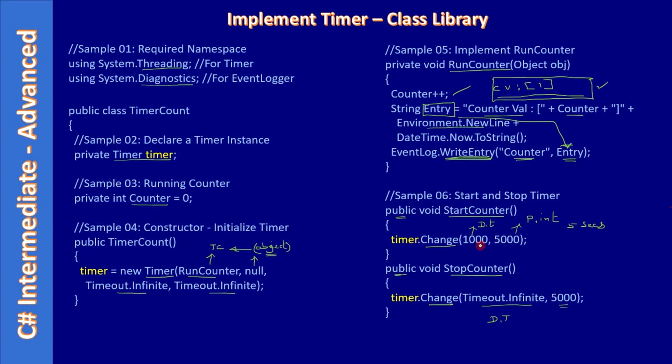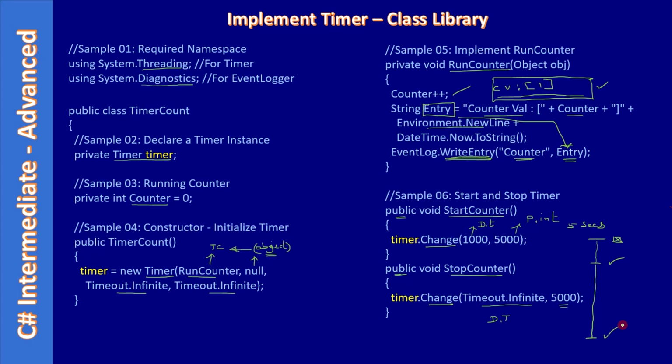But here if you see, once you start the timer, let's state that the timer is started here. The due time is 1 second, so the timer callback will wait and time elapses. Let's state this is a 1 second interval. The procedure will get fired here. After that, it will wait for a 5 second interval.